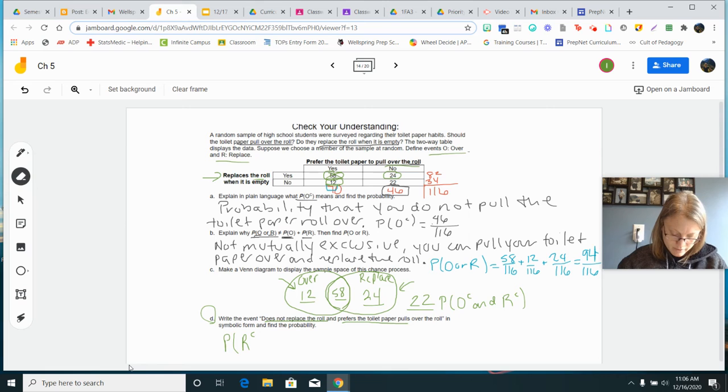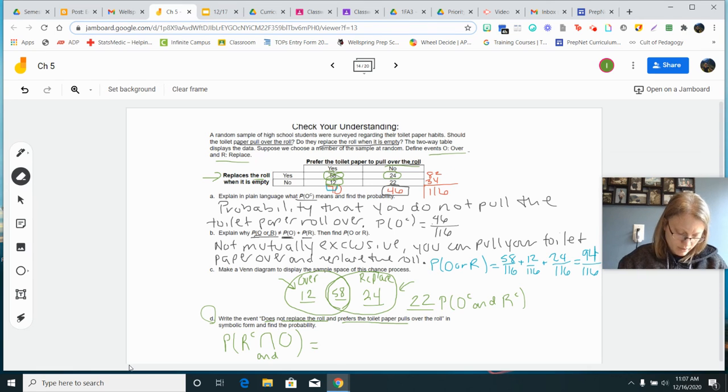And this is the symbol for and. For now, if you write it as the word, I'm okay with that, but you will see the upside down U as the symbol for and. Then prefers the toilet paper to pull over, that's event O. So we're looking for the intersection of you don't replace the roll, but you do pull your toilet paper over the top.